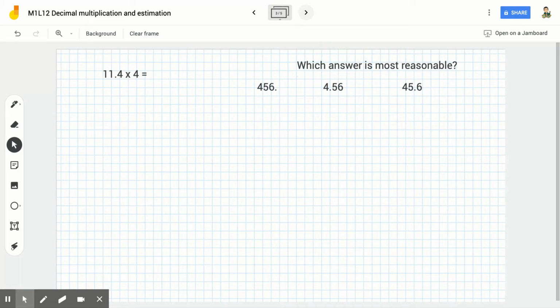Well, we know that 11.4 is around 11. If I multiply 11 times that 4, I get 44. Which answer is most reasonable? No. No, this is 4. Yes, 45 is closest to 44. So we're going to pick this one.